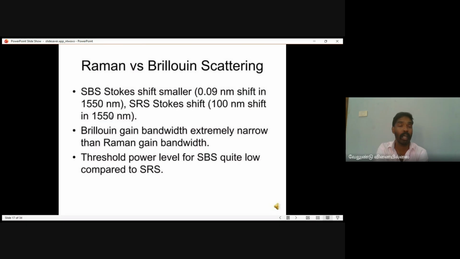That is 17 times greater than the Brillouin shift. So the Brillouin gain width is extremely narrow compared to the Raman gain bandwidth. The Raman bandwidth is very high, but the Brillouin bandwidth is very low.